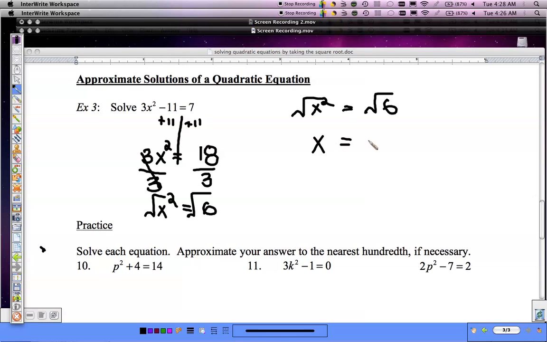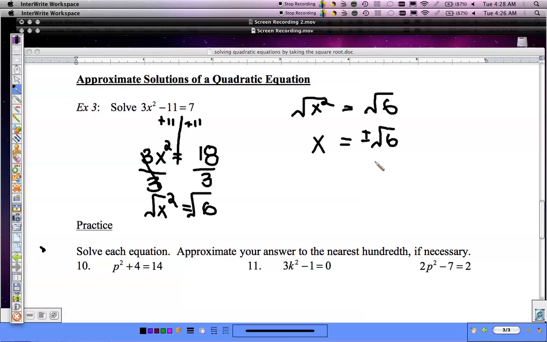But since I can't do anything, all I'm going to do is say it's going to be plus or minus radical 6. I can write plus or minus radical 6, and the other thing I can do is take the approximate solution, and a test may ask you to do that.